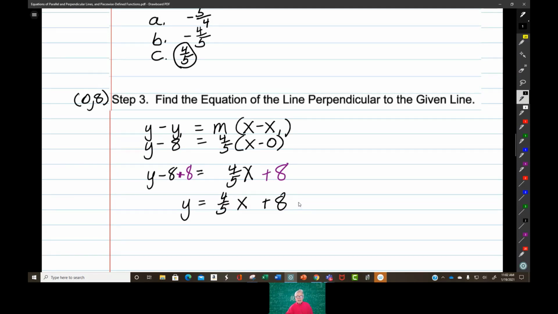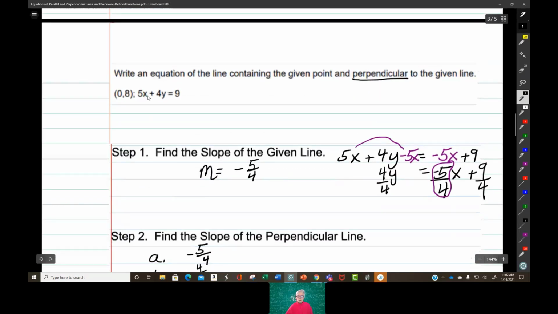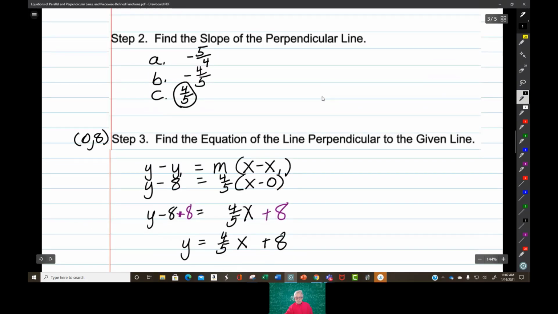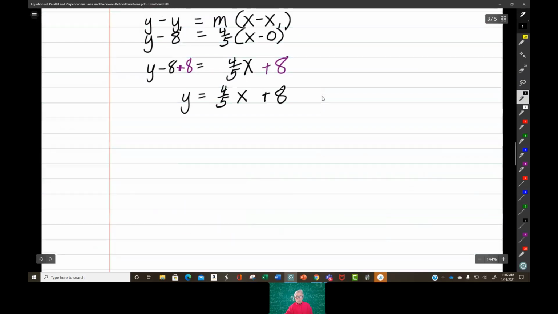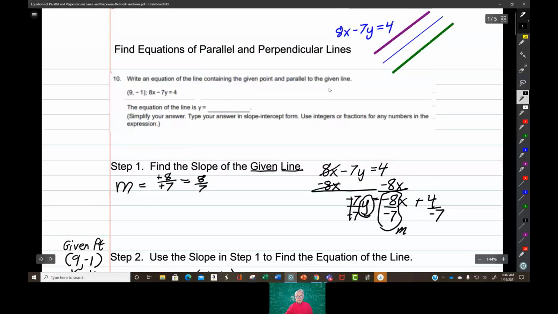This line is perpendicular to that line right there. Let's see if we have another one. No, we don't. So let's look at parallel lines.